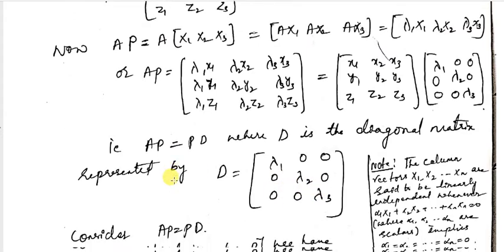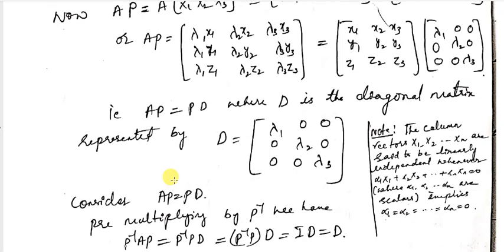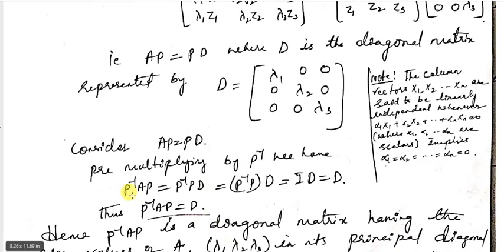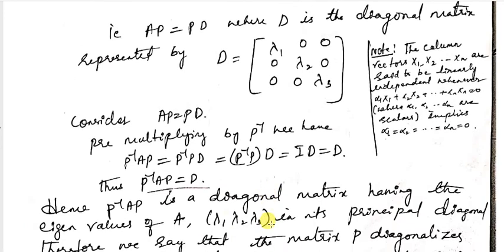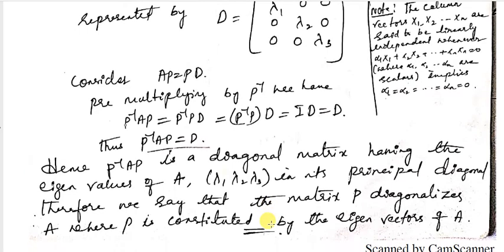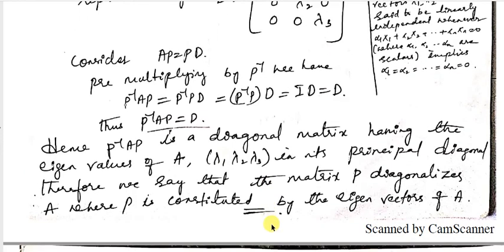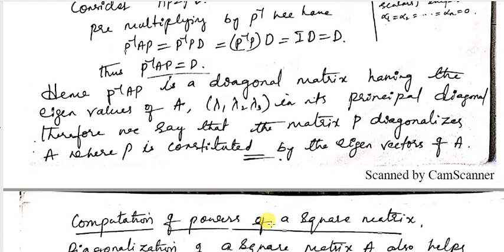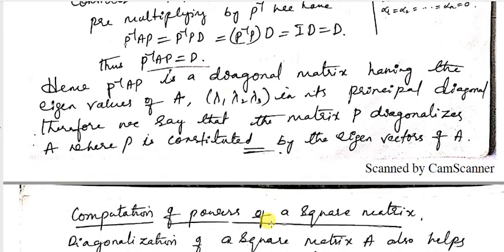Now pre-multiplying by P inverse, we get the similarity transformation P inverse AP is equal to D. Hence P inverse AP is a diagonal matrix having the eigenvalues of A, lambda 1, lambda 2, lambda 3, in its principal diagonal. Therefore we say that the matrix P diagonalizes A, where P is constituted by the eigenvectors of A. So P is called the model matrix.